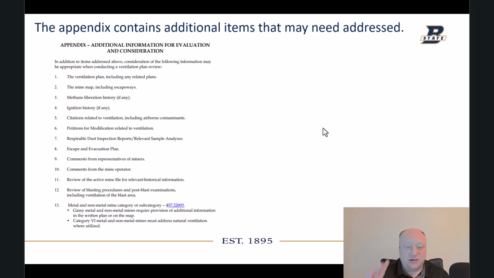Trona, for example, is typically classified as a gassy, non-metal mine, and they do have provisions for those mines that are more similar to coal. When it comes to the plan itself, revisions, reviews, that sort of thing. And so it does exist. It's down there.